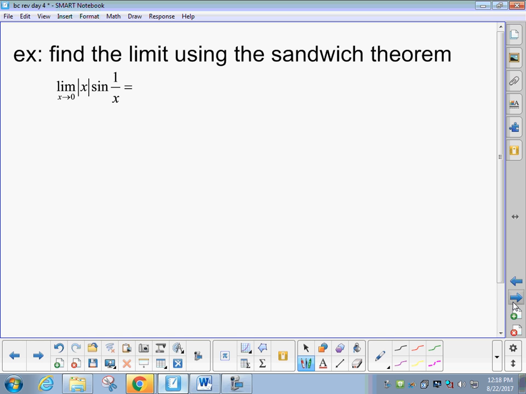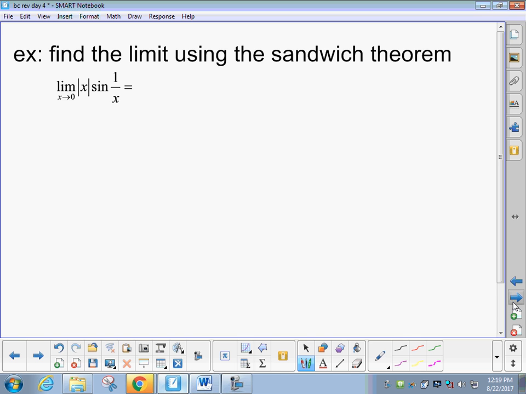Okay. It's not a huge, gigantic idea of calculus. I've never seen it on the AP exam, but professors always put it on their first test, so I don't want you to be at any disadvantage. When I ask you one of these, I'm going to start you off by saying, use the sandwich theorem.